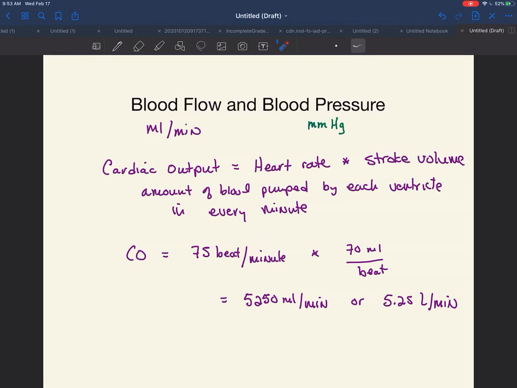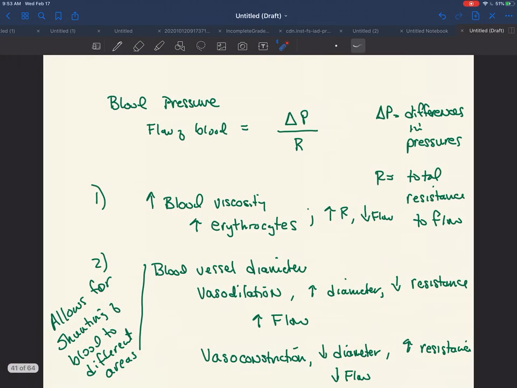Measured in liters rather than milliliters, this is about 5.25 liters per minute. That's a lot of blood pumped out to your body every minute, almost the entire amount of blood that you have in your body.